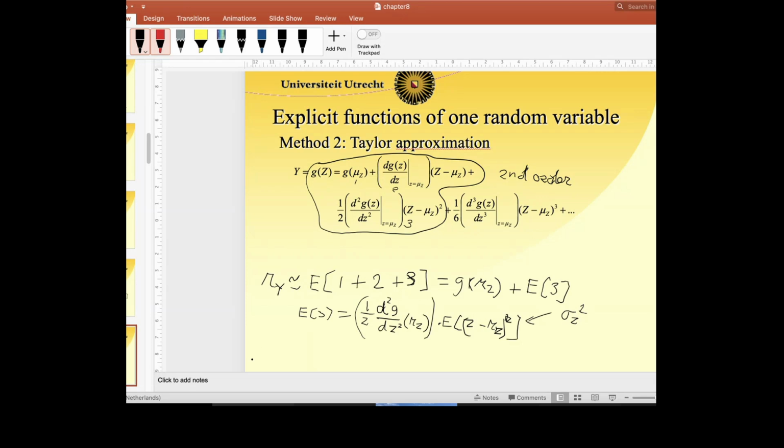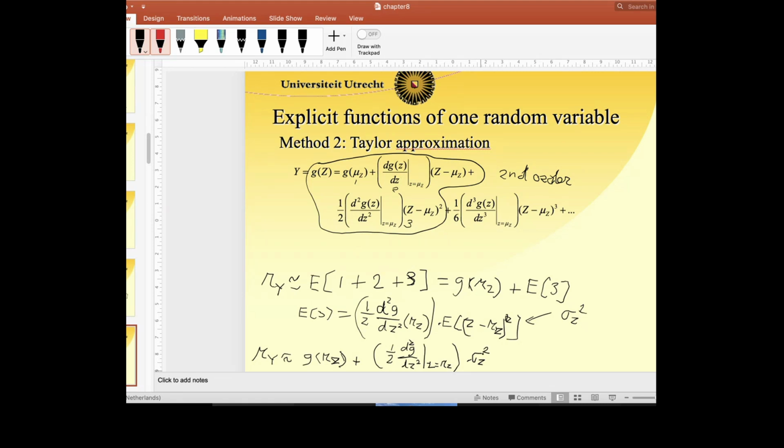So we end up with the second order approximation of the mean of y is equal to evaluating the function at mu z plus a half times the second order derivative evaluated at the mean multiplied times the variance of z.